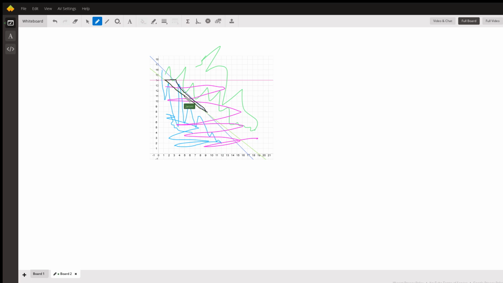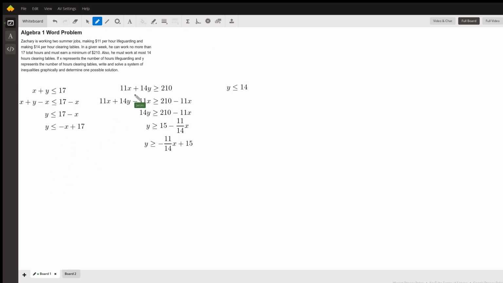Since it wants us to give a possible solution, if I'm not mistaken, this point right there that is 5, 12 is one possible solution. So if we said x equals 5 and y equals 12, just to verify that, we can substitute that into all of these. If x is 5 and y is 12, then 5 plus 12 is 17, so it's less than or equal to 17.